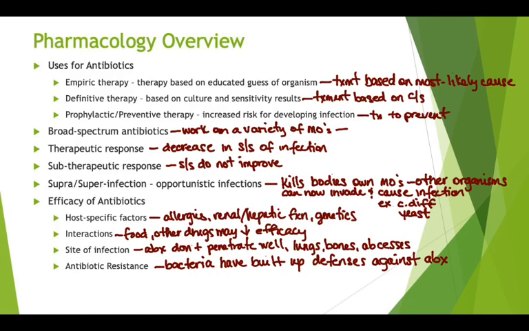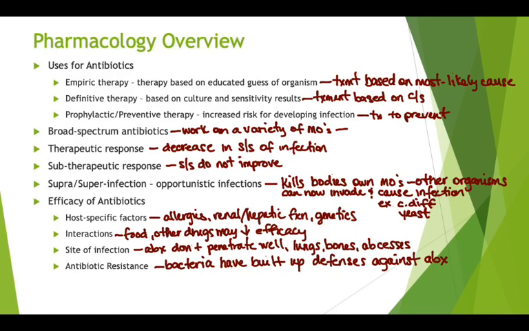With definitive therapy, we use the most narrow spectrum and least toxic drug based on the culture and sensitivity results. Remember that with empirical therapy, we're probably going to use what we call a broad spectrum antibiotic, which means that it usually covers most bacteria and is able to penetrate most bacterial cell walls, whereas a narrow spectrum antibiotic is much more selective.